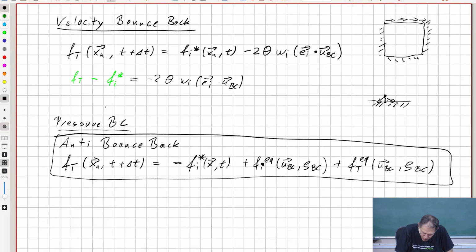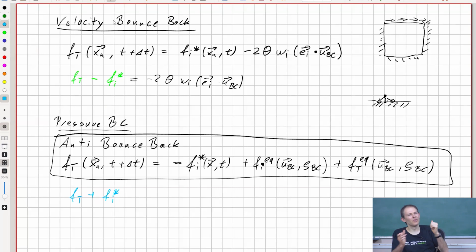The anti-bounce back boundary condition has here the sum of two moments. So it sets a second order. It is a boundary condition for even moments, whereas the bounce back is for odd moments.